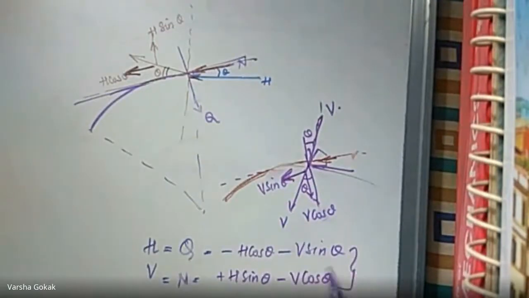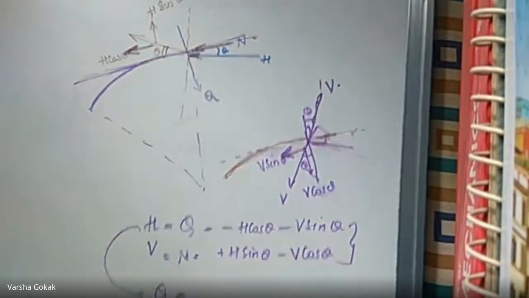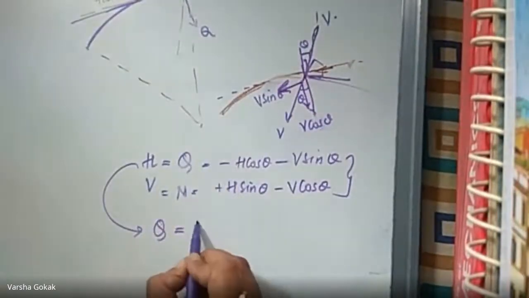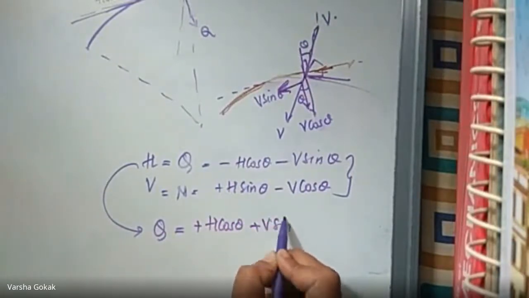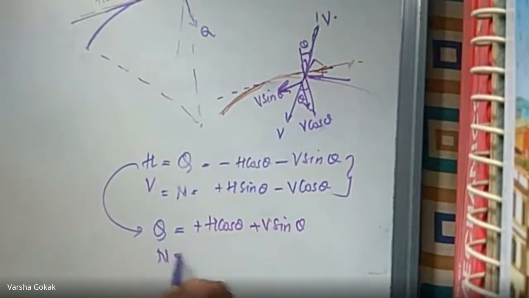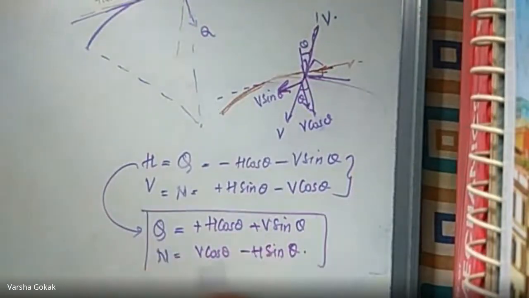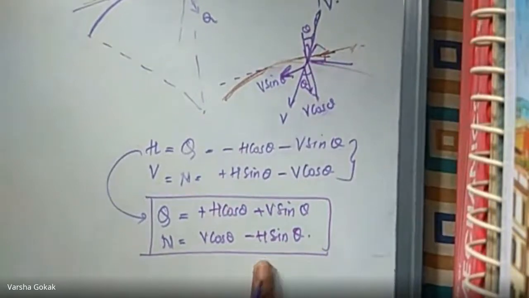To remove the negative sign, what can I write? Same thing. Q is equal to plus H cos theta plus V sine theta, and N is equal to V cos theta minus H sine theta. So these are your two equations that you will be making use of when solving.